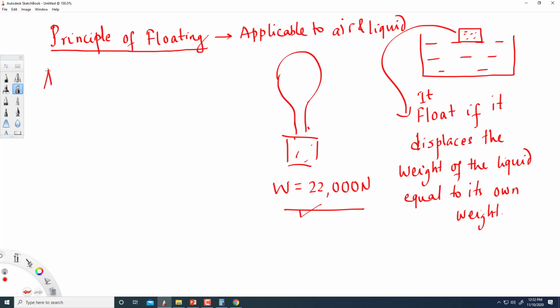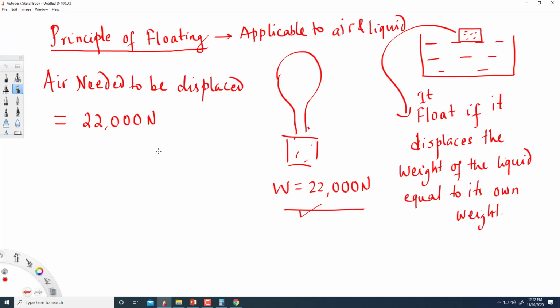So the weight of air needed to be displaced is equal to 22,000. So that much air would be displaced, but it is asking for the volume of the air, not the weight.